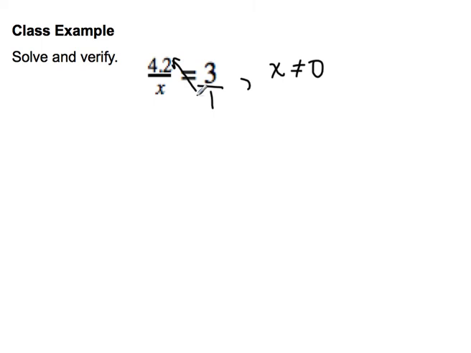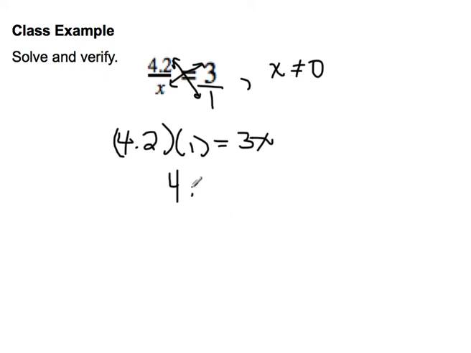The numerator of the first fraction times the denominator of the other fraction will always equal the numerator of the other times the denominator of the first. So thus the cross multiplication, that will always hold true.